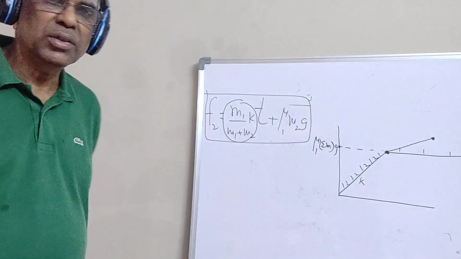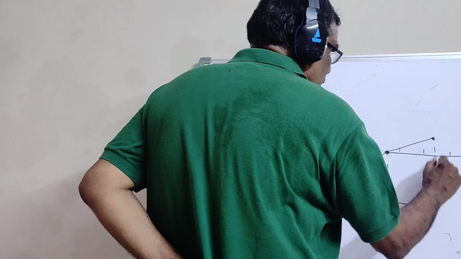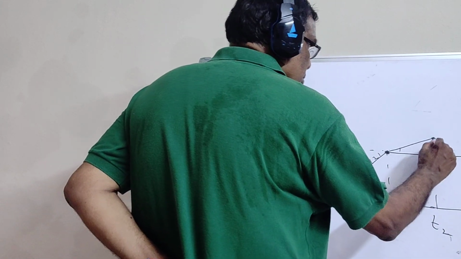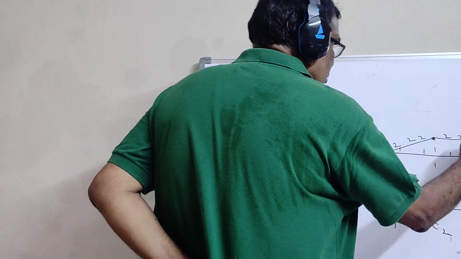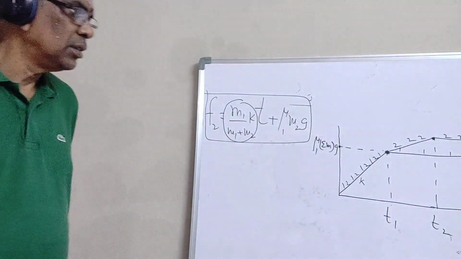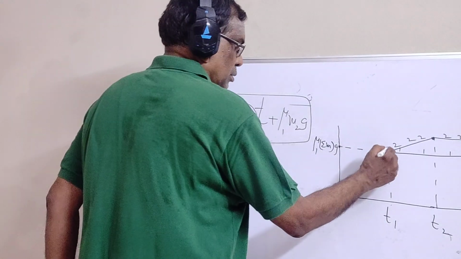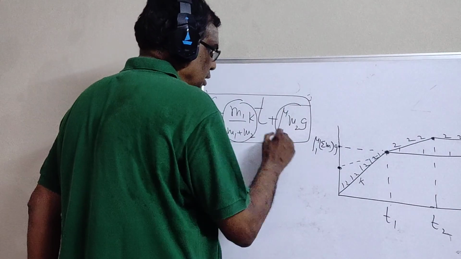It will go like that, with this initial time, this is t2, and this is how the frictional force varies. If you extend this, what is this intercept?